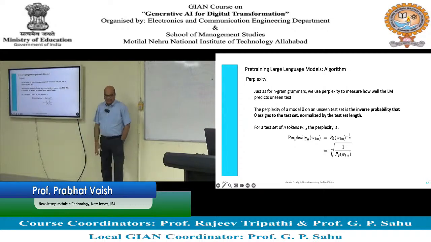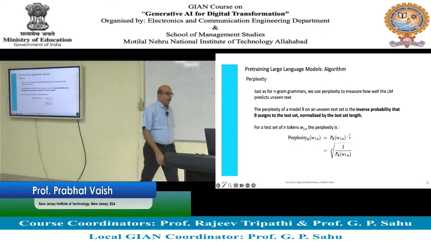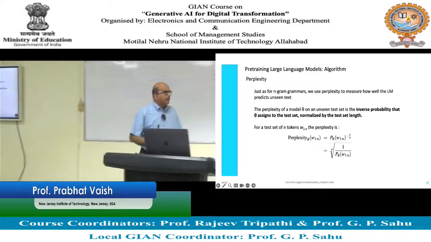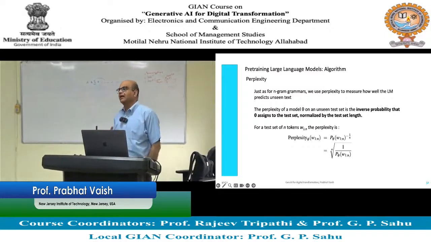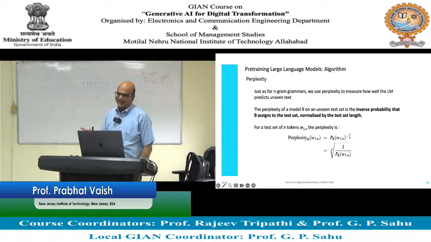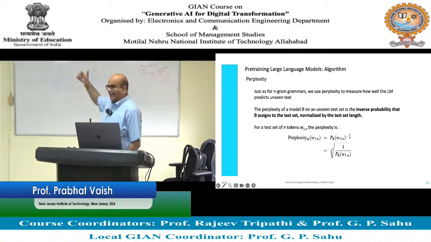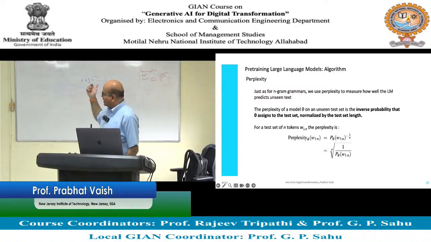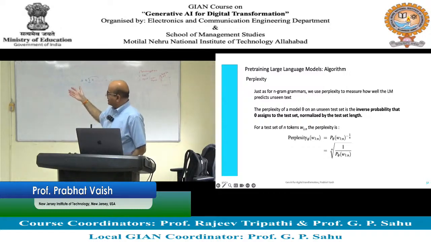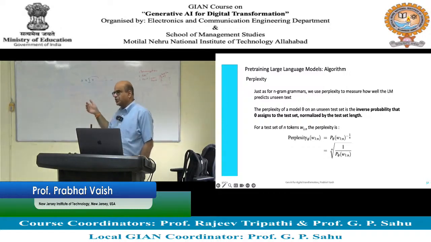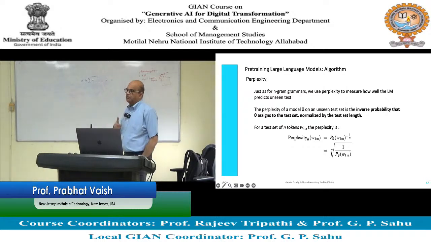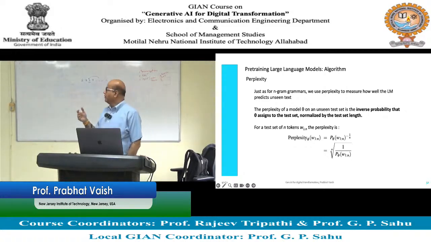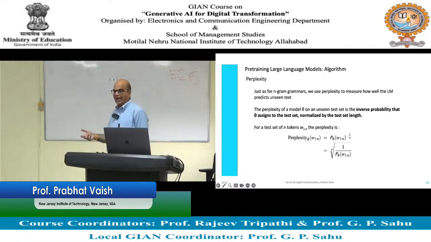Perplexity is a measure of how well it will do if it has not seen the data beforehand. So remember, I said that there's a latent space, a behavior where we ask whether it can answer the question if it has not seen the question before? Because that's the measurement. So we needed a new measure to find out how well it is doing on that. Such a measure is perplexity.